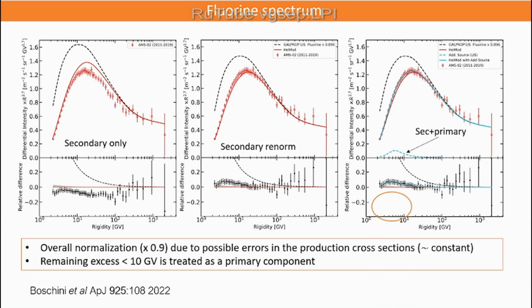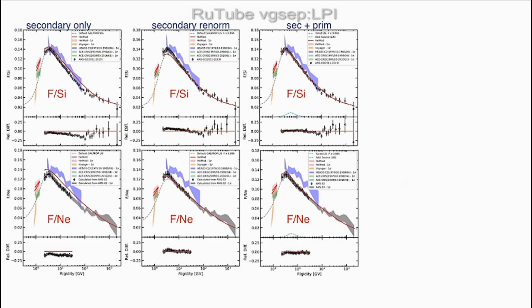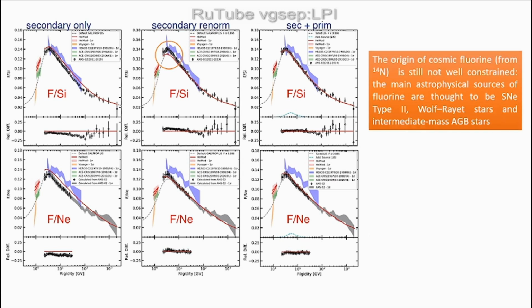component. And in fact, this primary component can be clearly seen in AMS-02 data, for example, in this fluorine over silicon ratio. You see on the center the rescaled ratio. And well, the origin of cosmic fluorine, basically from nitrogen, is still not well constrained.